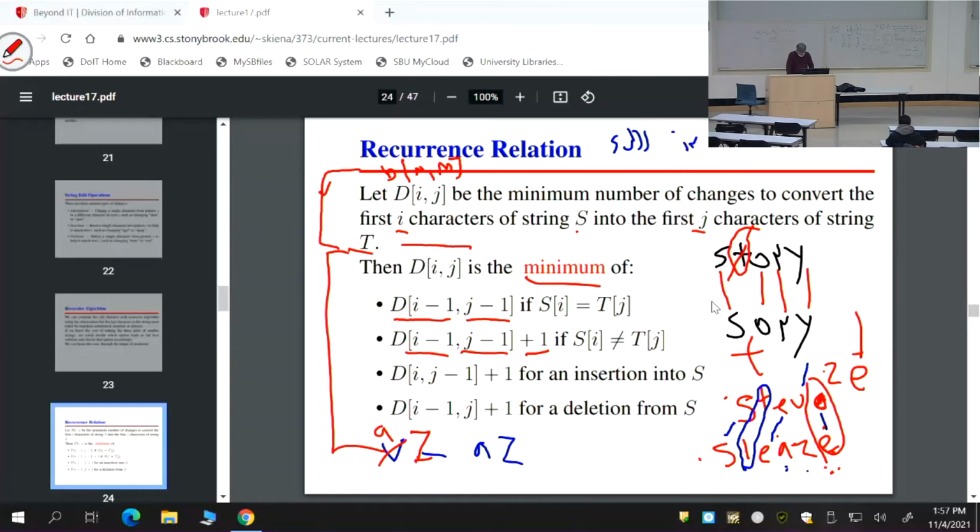That corresponds to this case. If I insert a letter at the end of S, I pay 1 for that insertion, and I still have the full original top string, which is why that's i, but now it's going to match the last character of the other string. The other string has shrunk by j minus 1.